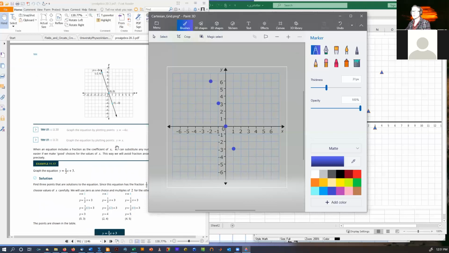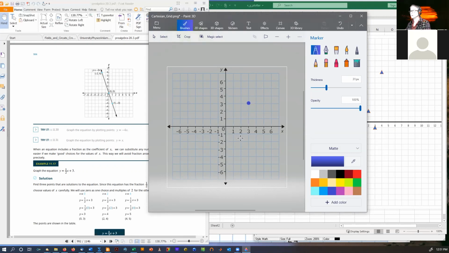So let's look at plotting this graph here, y equals x. When y equals x, what that means is we pick any x value and we plot the same y value. Pick an x value, say 3, that means y equals 3.